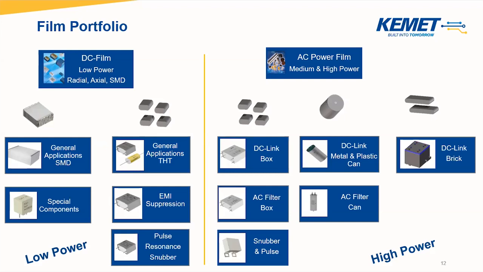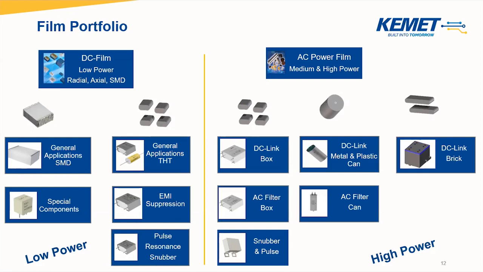And then we have the family of the AC, where we consider capacitors for high power. Here we have different typical applications, for example, the DC link, and we can find solutions in box or metal or plastic can, or even a square shape like the big brick.